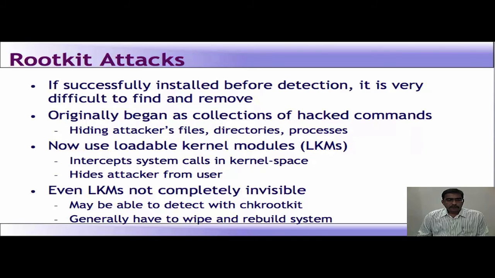So many traditional LKM rootkits are detectable with the script chkrootkit. It's available at www.chkrootkit.org. However, the attackers can get far enough. If at all they compromise the system, then we'll have to wipe and rebuild the entire system.